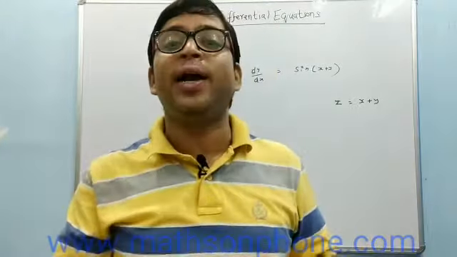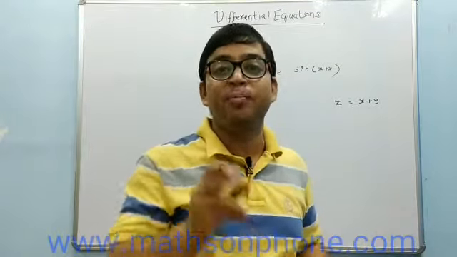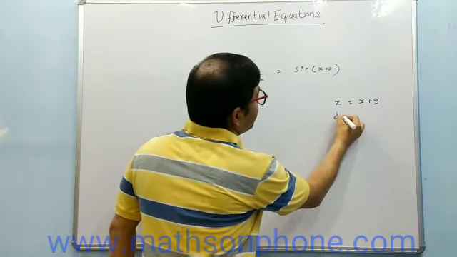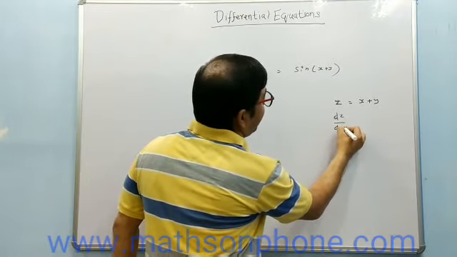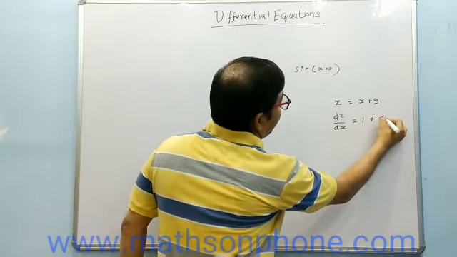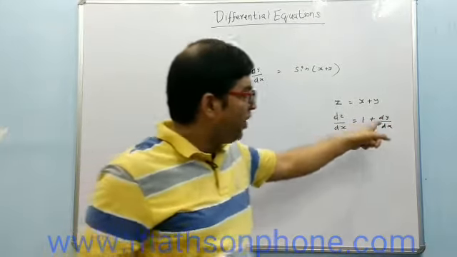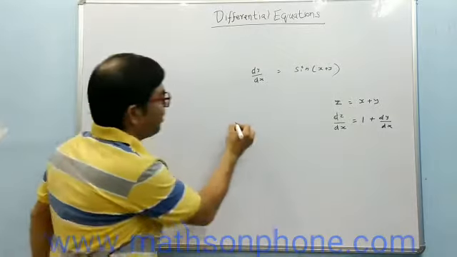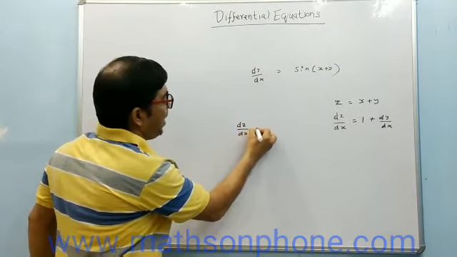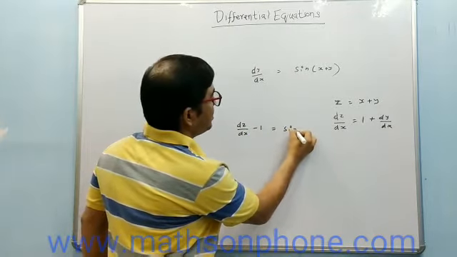So on differentiating, we get dz by dx is equal to 1 plus dy by dx. So the value of dy by dx is dz by dx minus 1 is equal to sine z.